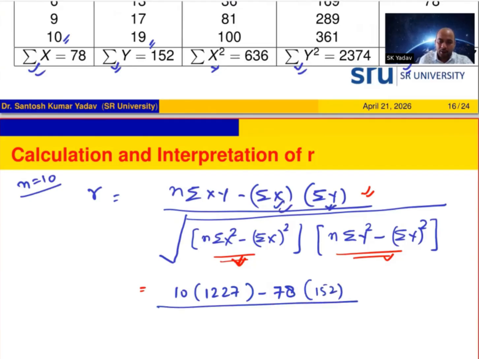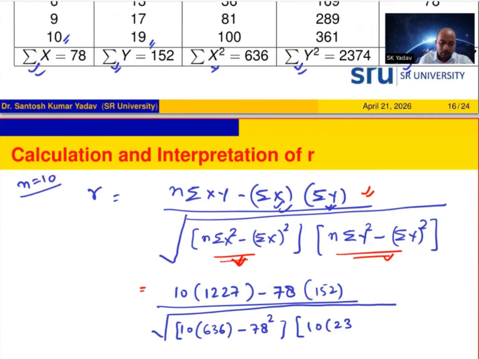So this is the numerator. Now in the denominator I will write here again. So 10 times summation x square, and that means 636, and minus summation x, this is 78. So 78 square.